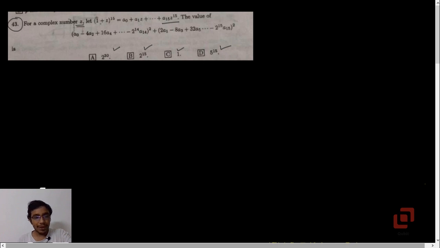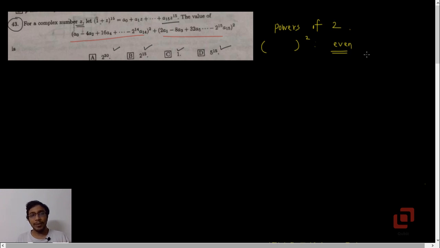Okay, so if you analyze this particular sum, you will find that everywhere you have powers of 2. In the first sum, you have all even powers of 2.